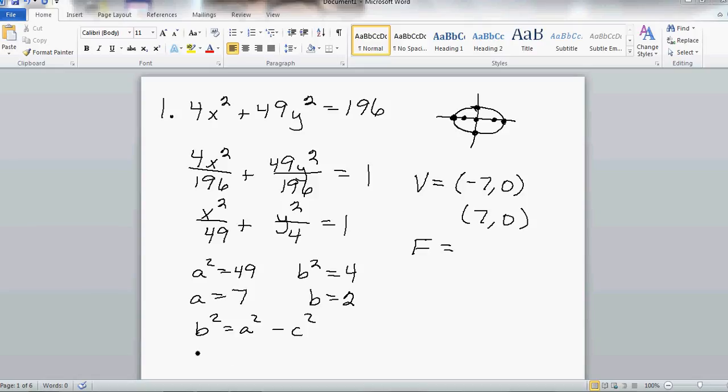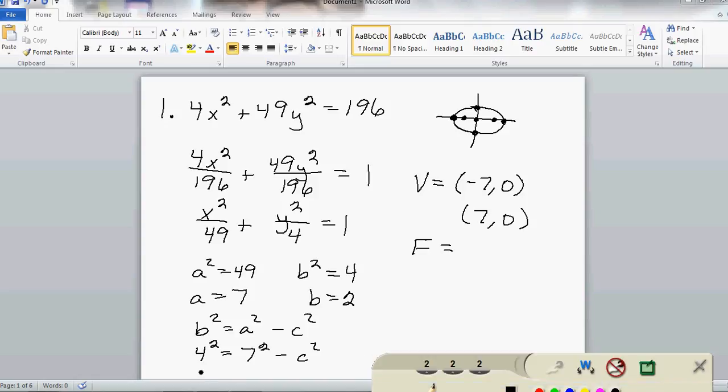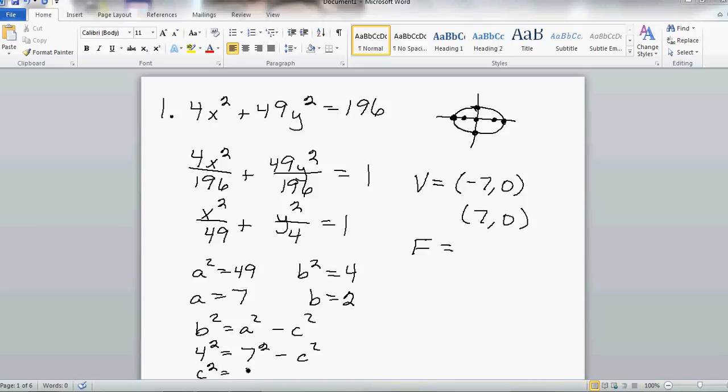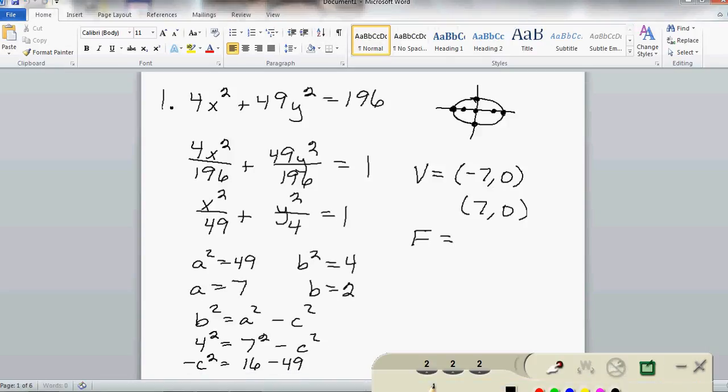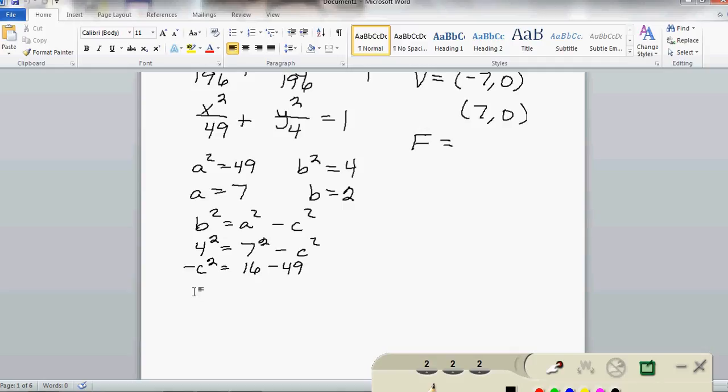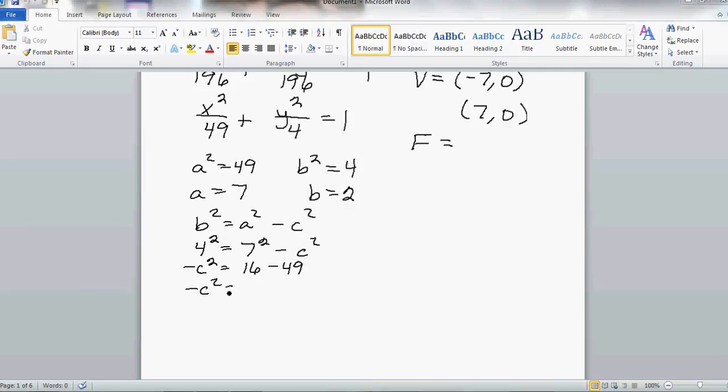Okay? So we would get 4 squared equals 7 squared minus c squared. Negative c squared would equal whatever 16 minus 49 is. So negative c squared is going to equal what?